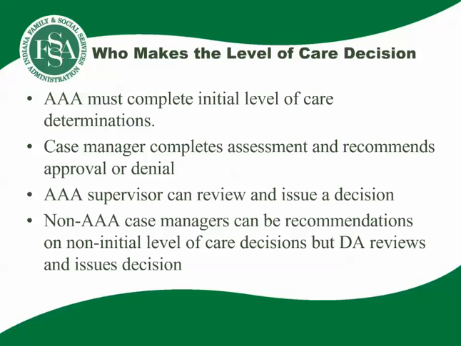Non-AAA case managers can make recommendations on non-initial level of care decisions, but the Division of Aging reviews and issues the actual decision on all non-AAA level of care reviews. That being said, even with the Area Agency on Aging decisions, when those plans are eventually submitted to us, an actual service plan, the Division of Aging staff looks at every level of care that comes to us in the form of a service plan request.